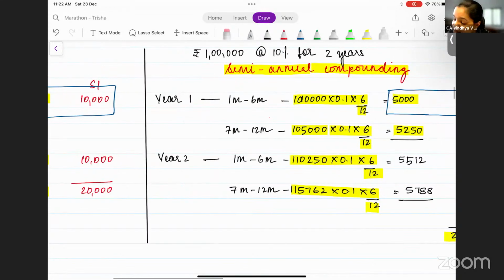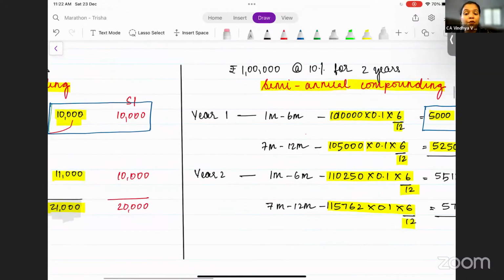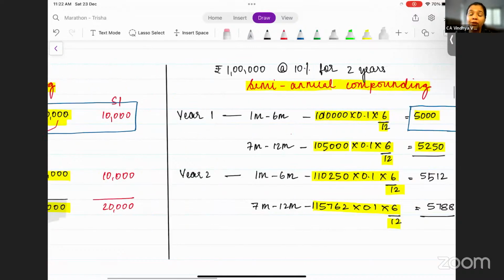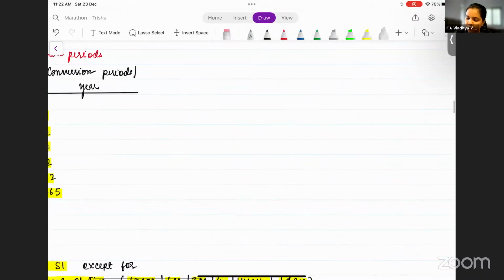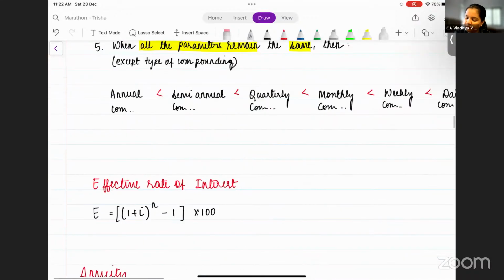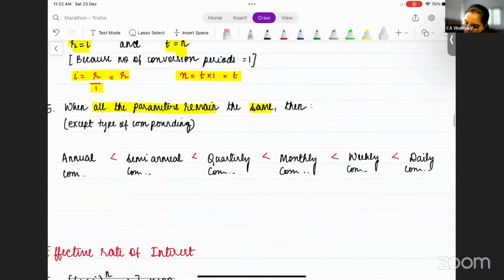Correct? And in semi-annual compounding, what was the total interest? 21,550. So we can understand that if the compounding increases, the interest will also increase, because you add the interest to the principal more number of times. So annual compounding will always have the lower interest when you compare it with daily compounding.